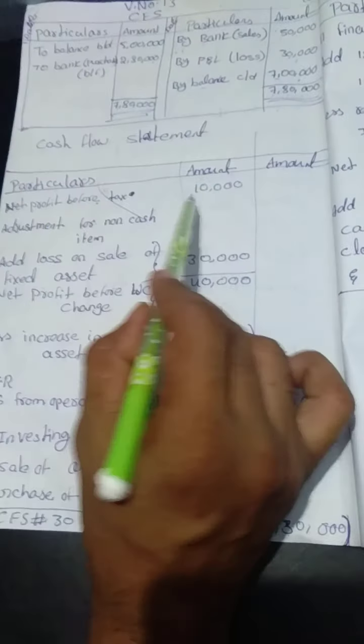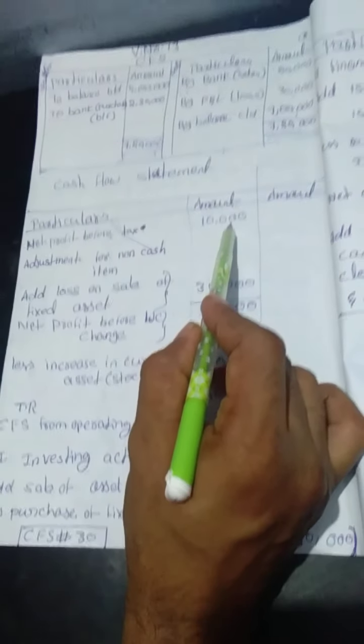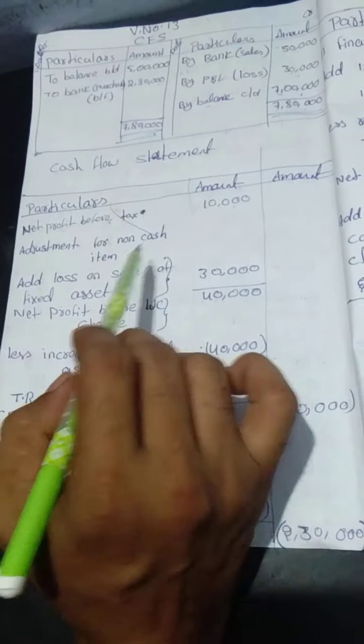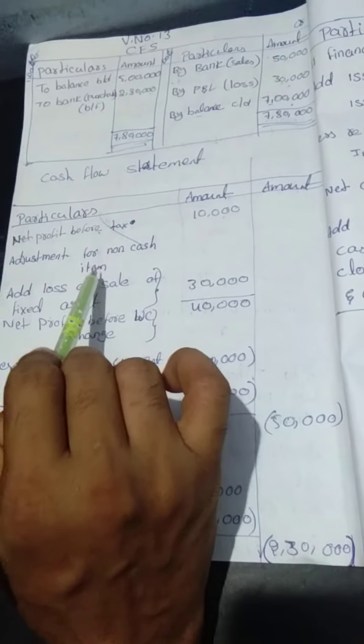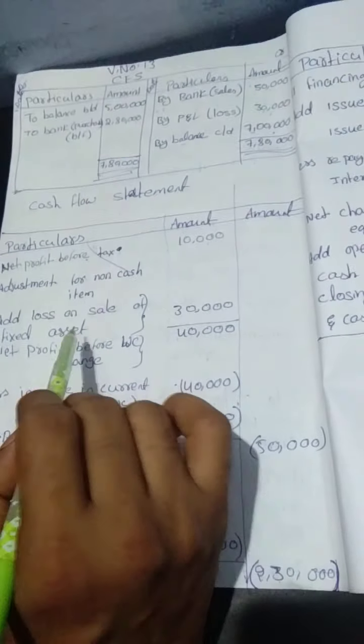So now we go directly to the cash flow statement. As you can see, the net profit we already got is 10,000, and next is adjustment for non-cash items. One is already there.